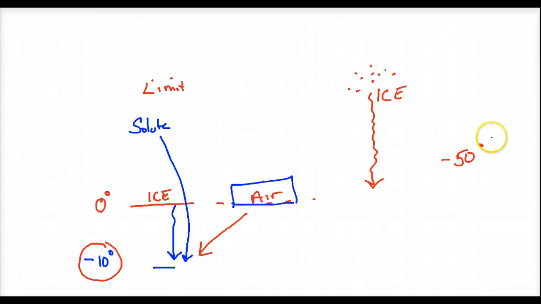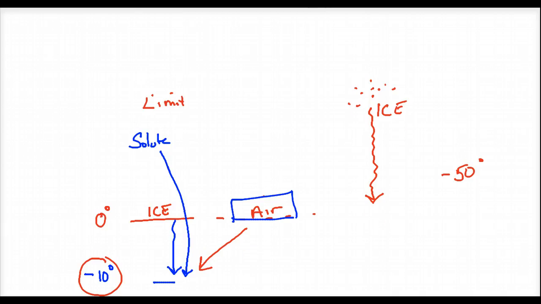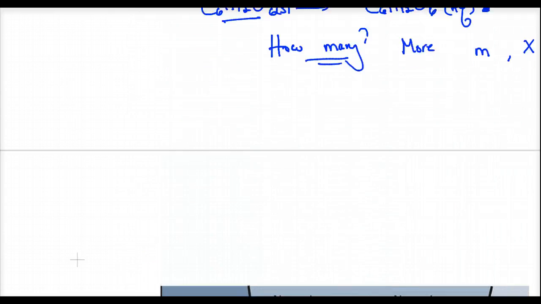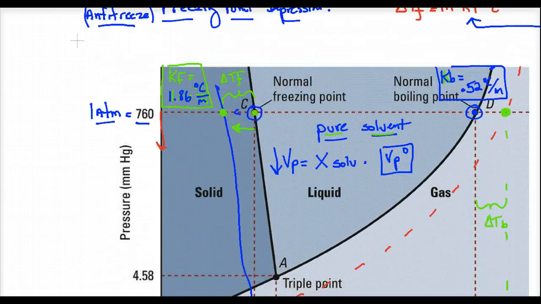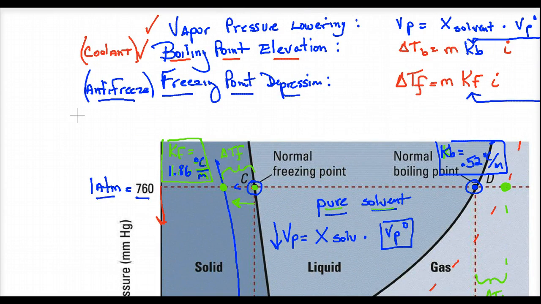Okay, so freezing point depression, boiling point elevation, all result from the vapor pressure lowering of that curve. And again, how do we work with these formulas? Well, let's go back to the top and let's start talking about these formulas a little bit.